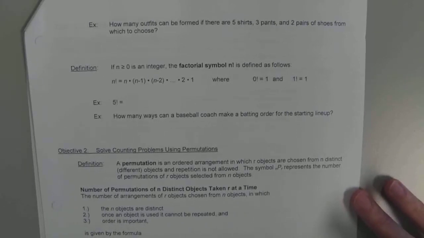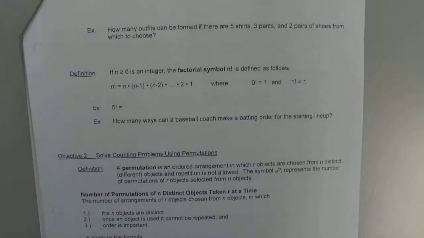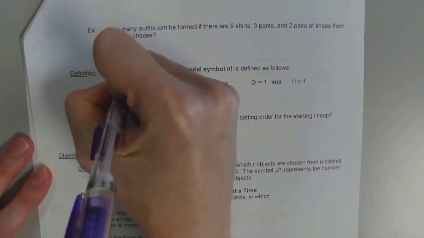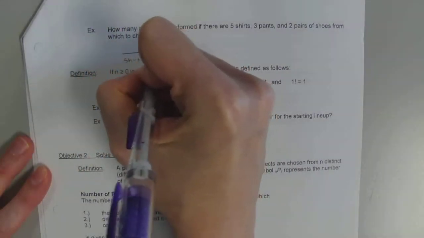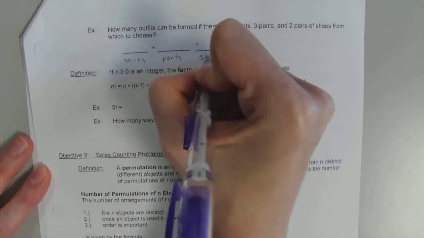So say you own a tiny home, and you only have room for 5 shirts, 3 pairs of pants, and 2 pairs of shoes. How many total outfits could you make with just those articles of clothing? Well, how many different articles of clothing are we choosing from? 3. Shirts, pants, shoes, right?